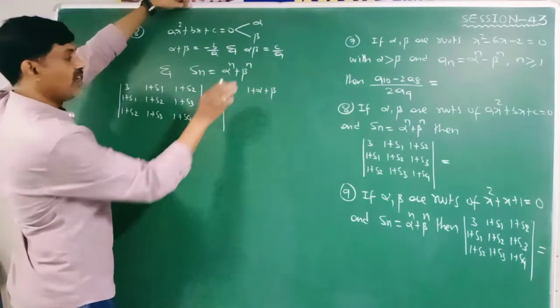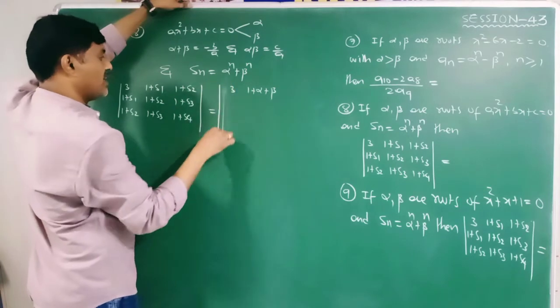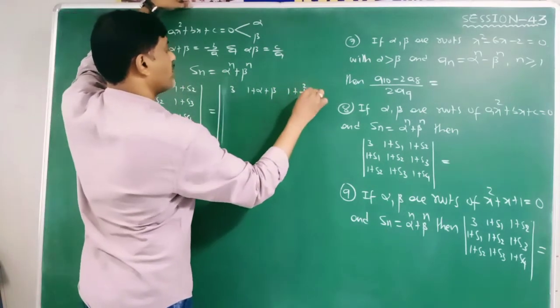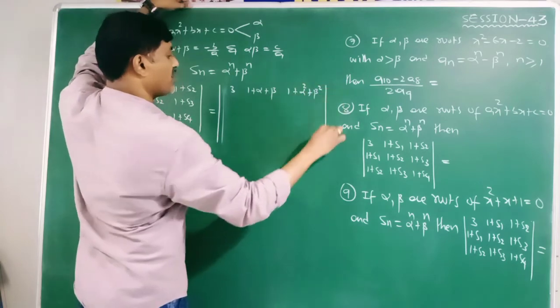Now we have to write the values. S1 is alpha plus beta. 1 plus s2 is 1 plus alpha square plus beta square.